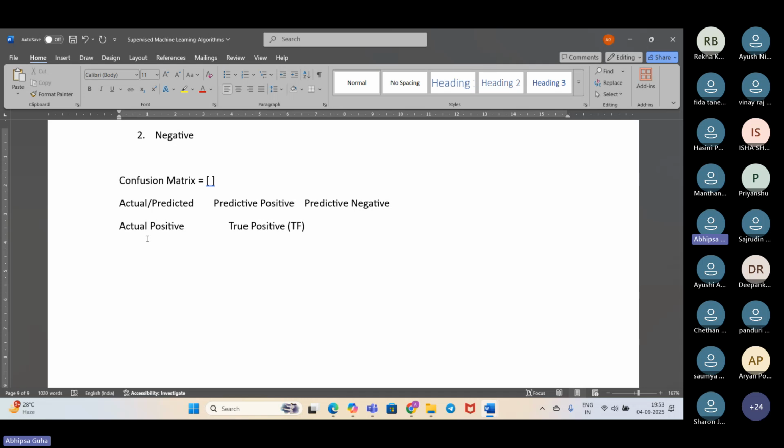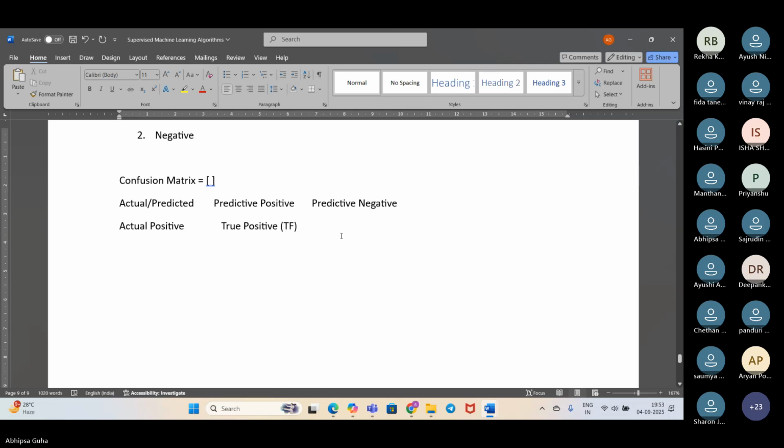Based on the data set, the actual value and the predicted value, we check how much the model has predicted correctly. That is true positive.